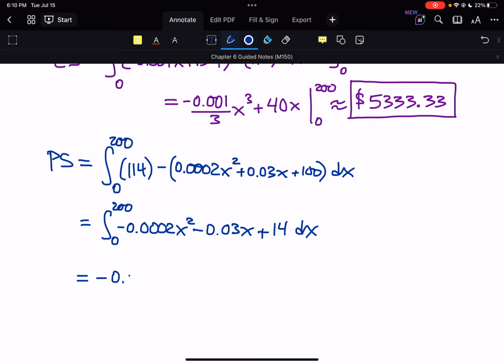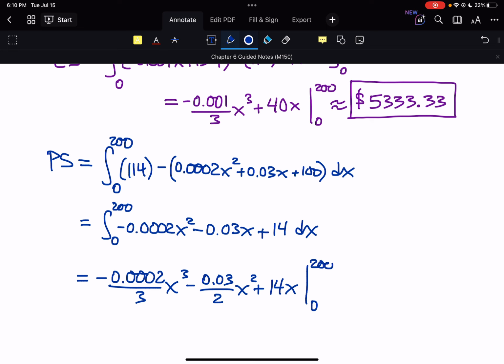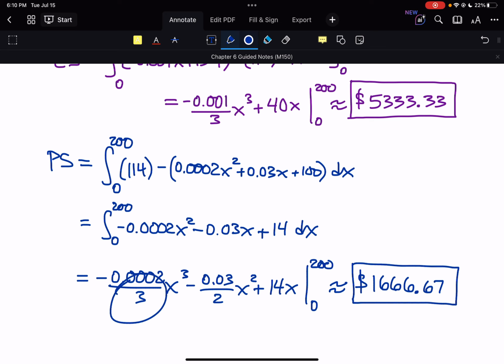Take the antiderivative. So all pretty similar to each other. And then evaluate from 0 to 200. And we will get approximately $1,666.67. So it looks like we ended up with like a 2/3 showing up here in this calculation.